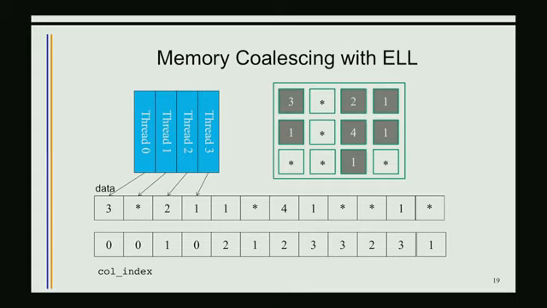So here are my threads. Thread 0, 1, 2, 3. And what I'm doing is I'm storing the rows in the original A as columns. So what that means is when we start the kernel, what I'm really going to access in that first iteration is 3, pad, 2, 1, which is great. That's exactly what I want, right?